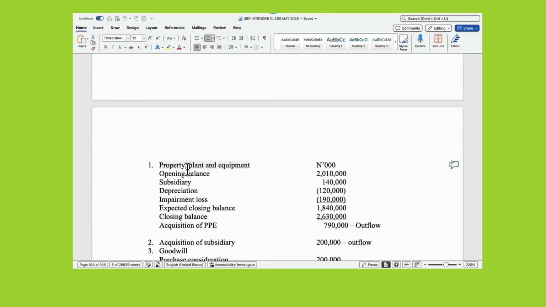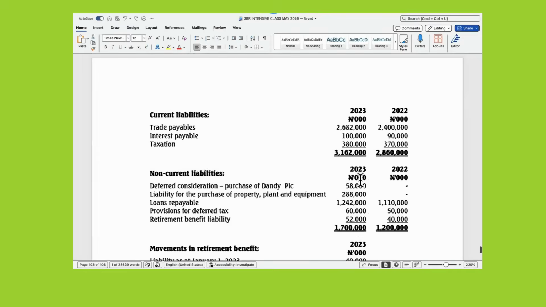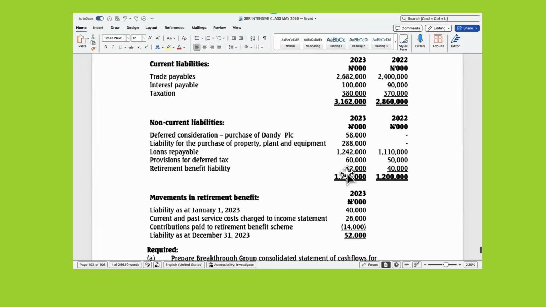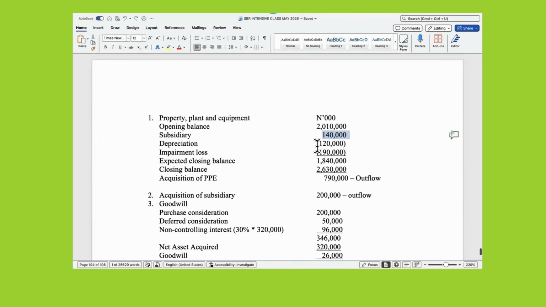My opening balance was the opening balance there. My subsidiary, this 140 I told you about in note 5, since I acquired the subsidiary, so 140. Then depreciation, they told me about depreciation of 120 in that note.